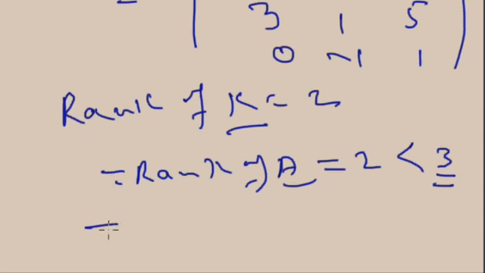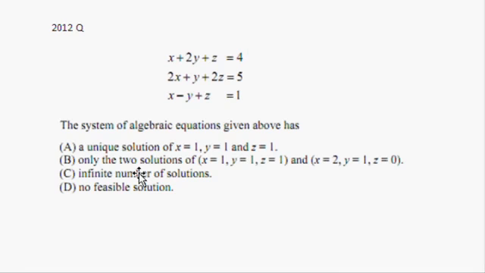The rule says that if rank of A is equal to rank of K, which is less than the number of variables, then there are an infinite number of solutions. So C is the correct answer.